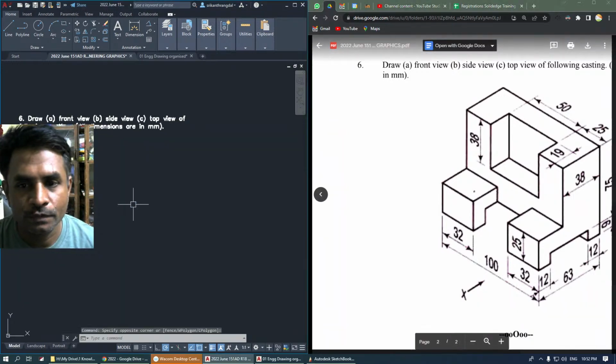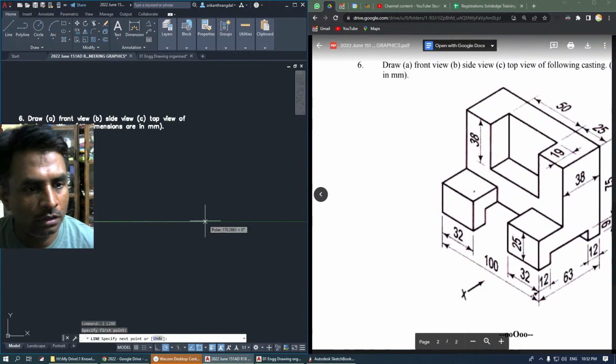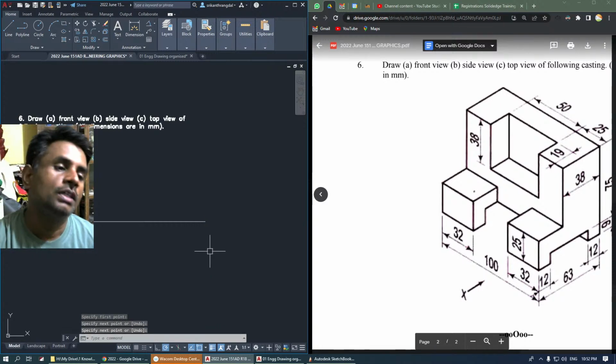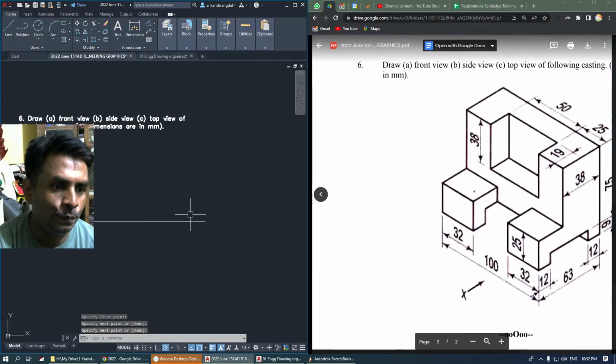Right, so let me again draw the XY plane, XY line. This time I'm going to start with the front view, which is going to be on the right side.